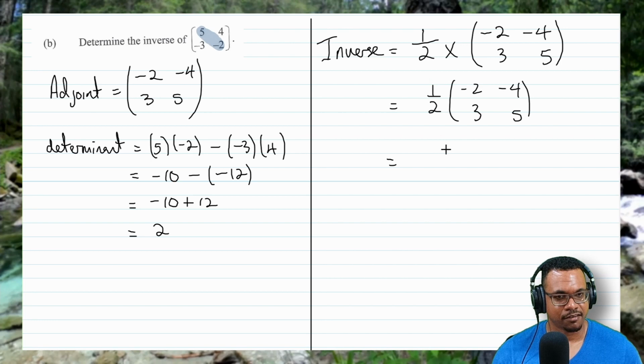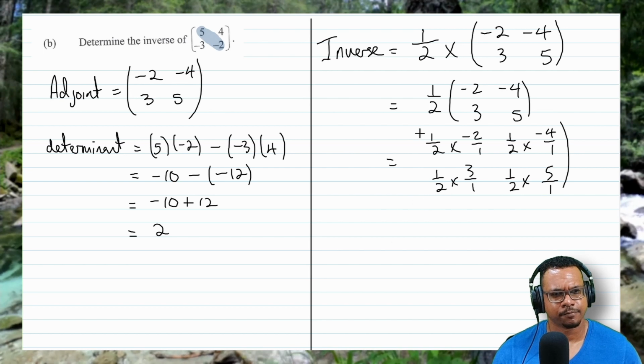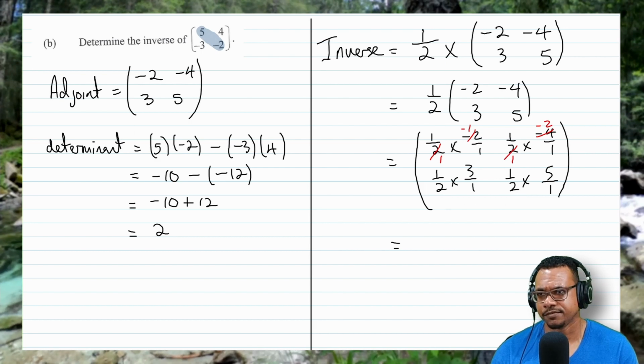All right, but since I have the half here, I'll do a half multiplied by -2 over 1, a half multiplied by -4 over 1, a half multiplied by 3 over 1, and a half multiplied by 5 over 1. All right, so here the 2s will cancel. So 1, -1, nothing cancels here. 2 into 2, 1, 2 into -4 is -2, and nothing cancels here.